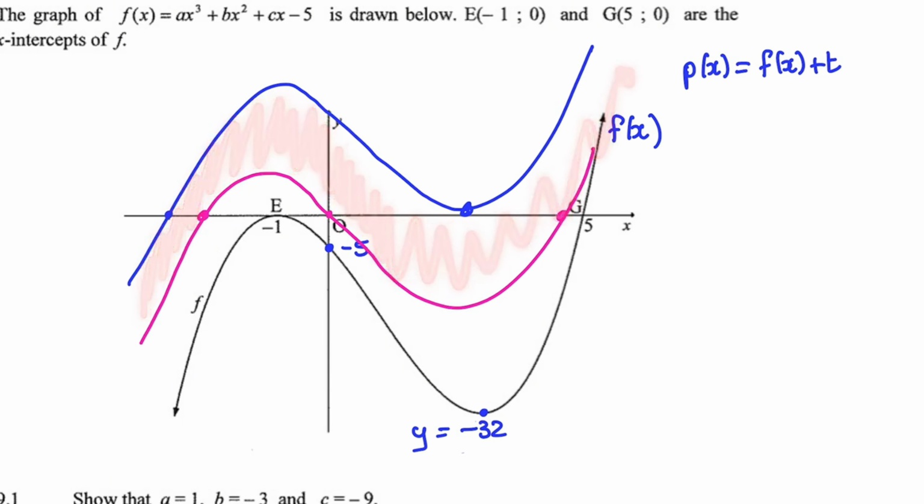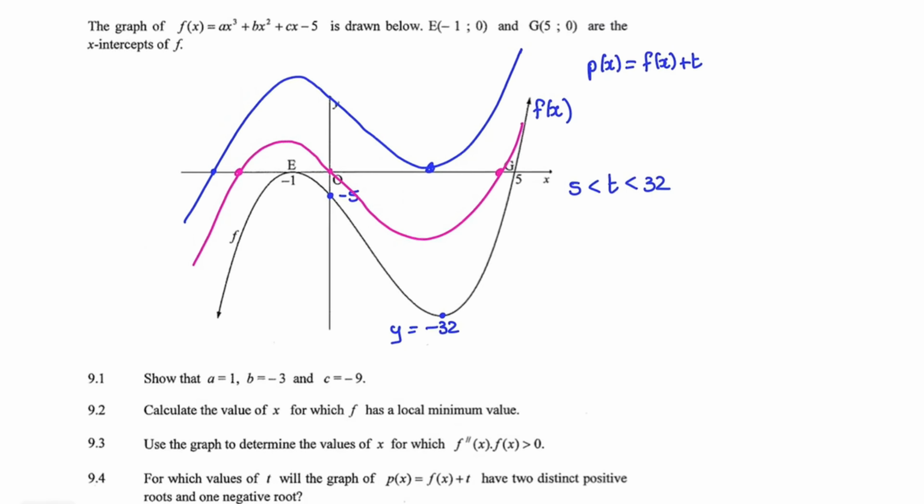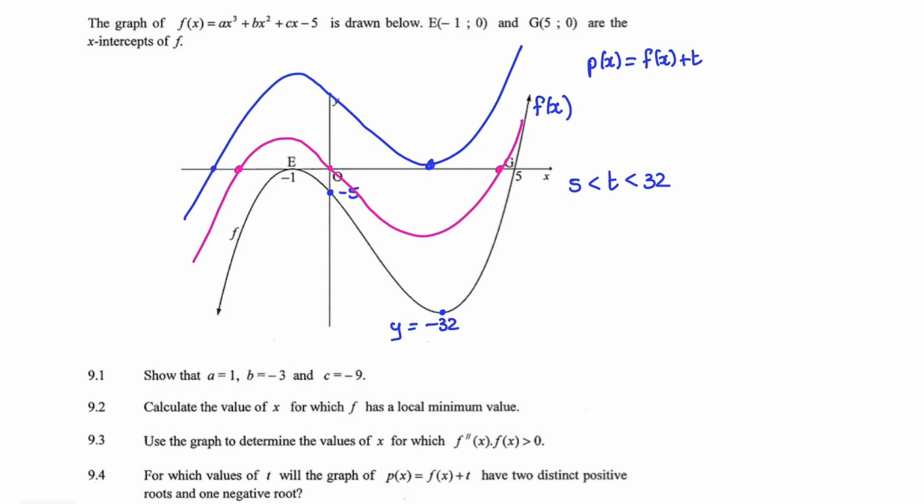So that's between 5 units up and 32 units up. Up means positive, so it's 5 units up, all the way up to 32 units. And that will answer my question, for what values of t will I have one negative root and 2 distinct positive roots. So that's for t between 5 and 32 units.